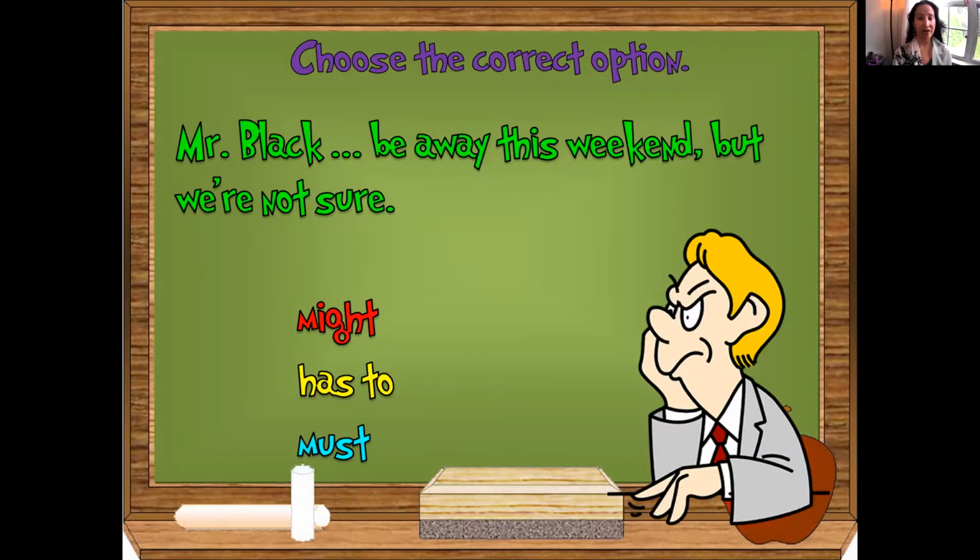So think about it. There's some key words here. Might. Mr. Black might be away this weekend, but we are not sure. The key word is not sure. We're not sure. So it's a might. So remember, may or might. Okay, did you catch it?